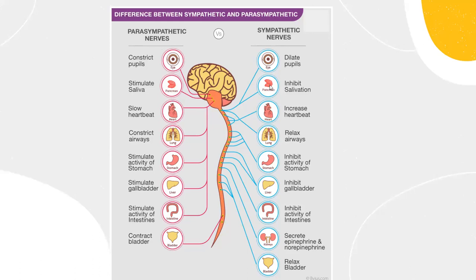Similarly, in the sympathetic, the nerves will inhibit salivation. No salivation will happen. Whereas in the parasympathetic, saliva will start secreting. Then in the sympathetic, the nerves of the heart will cause the heartbeat to increase. As we are talking, the sympathetic is for fight or flight.